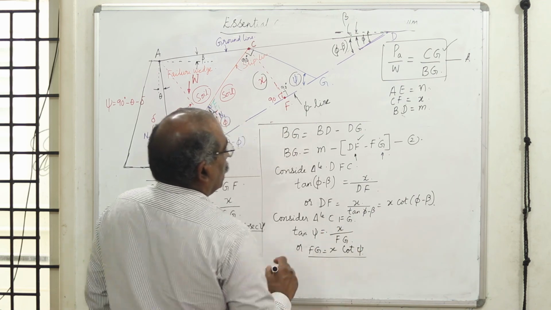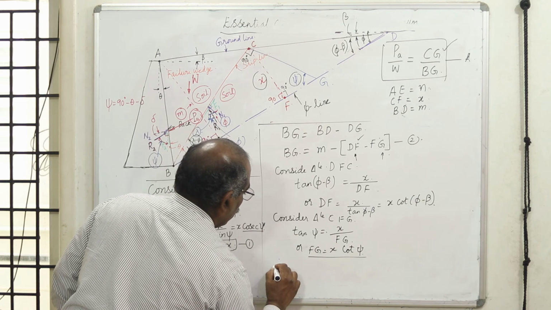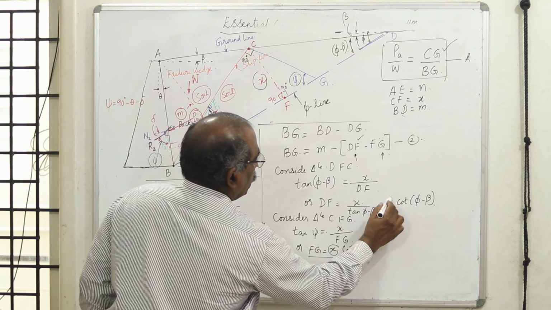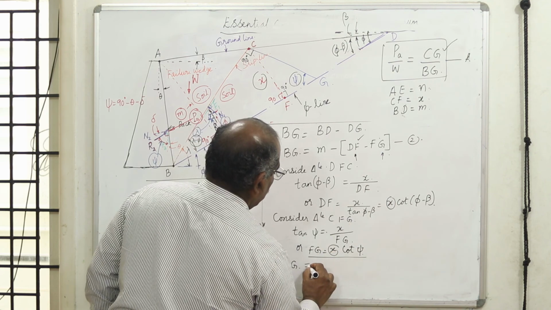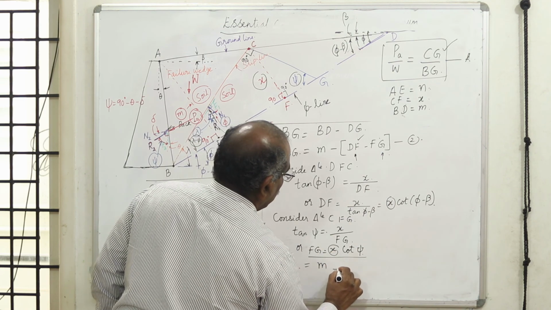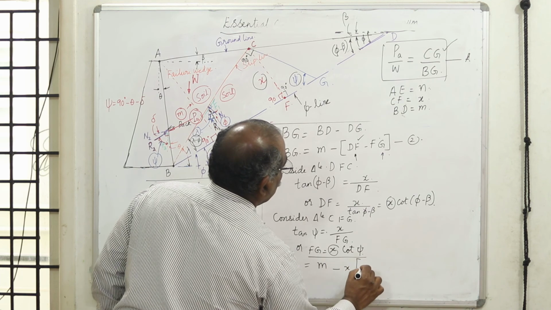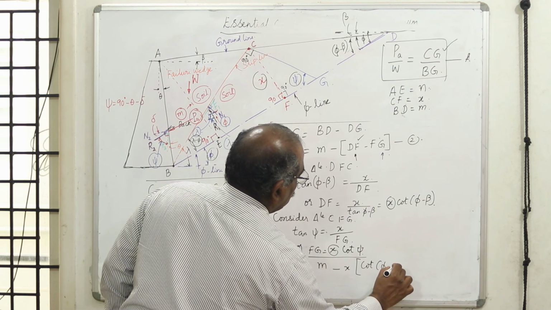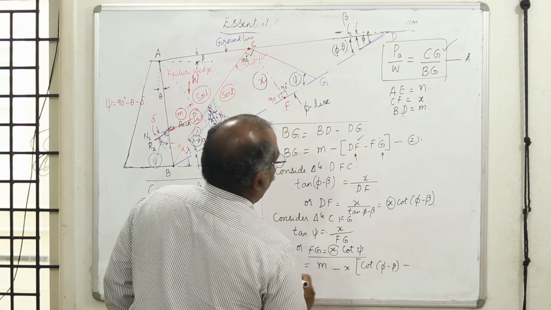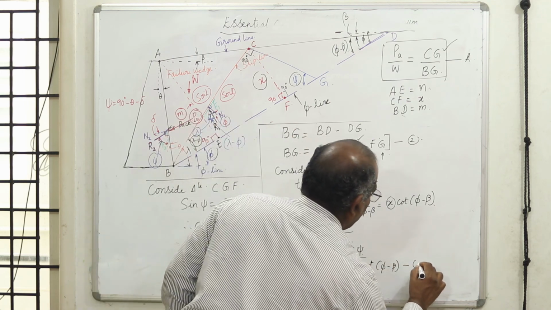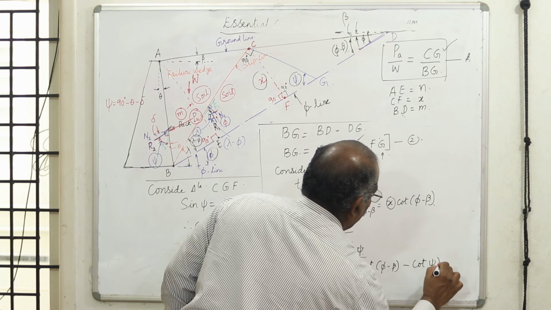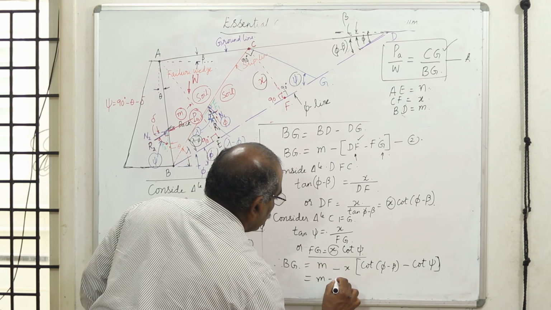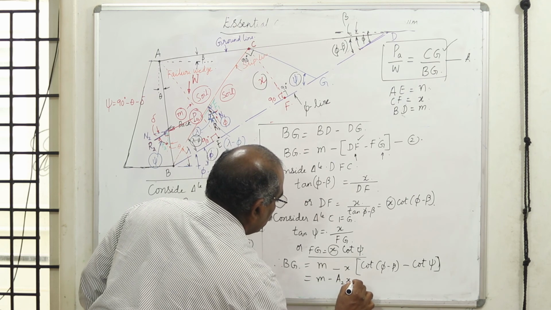So now let us substitute in this expression 2. Therefore, what happens to BG? Now look here, x is a common factor in both things. Therefore, I'll write BG is equal to M minus x into cot of phi minus beta minus cot psi. Let me write a2 x.